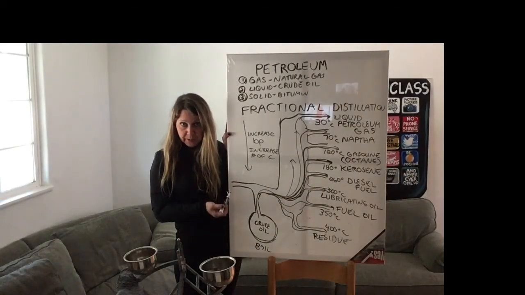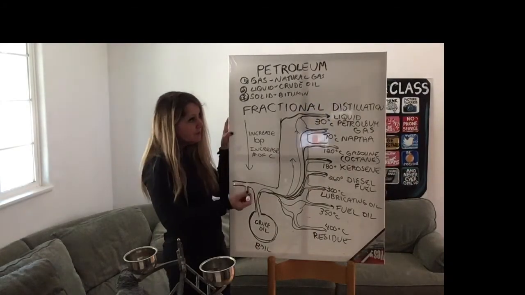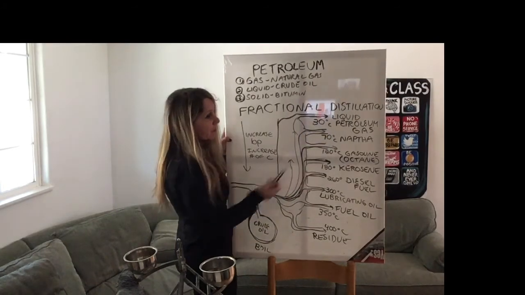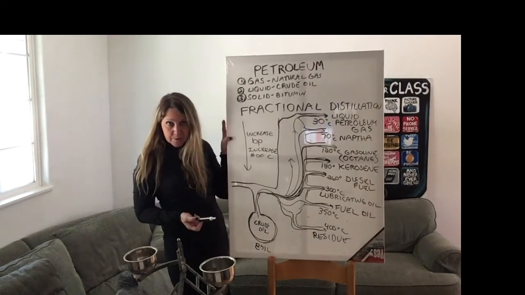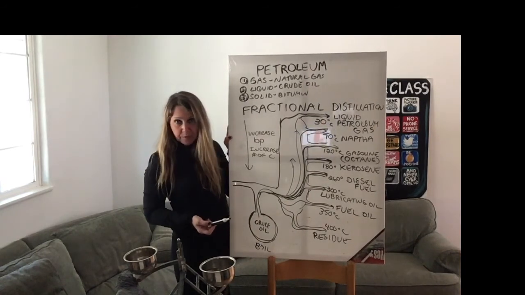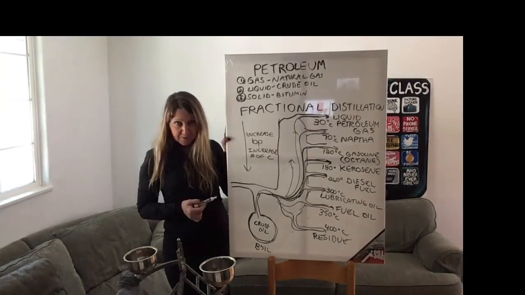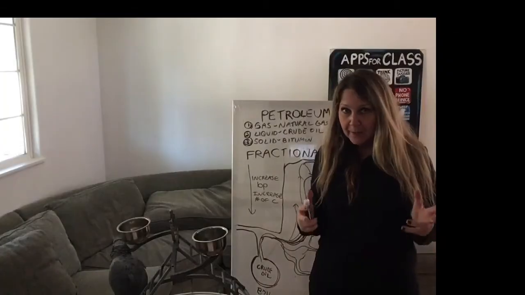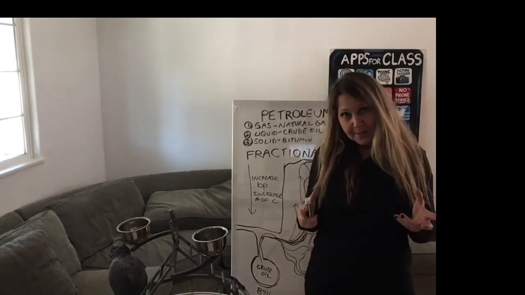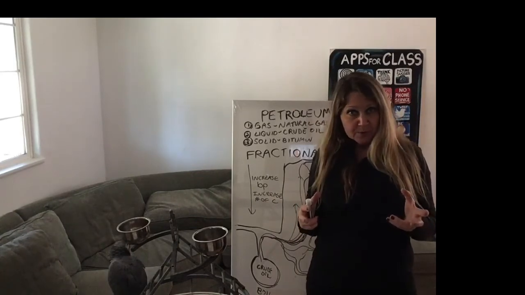Because they have different boiling points, so that separates these. So now, for example, this octane that was collected, this is now separated, so it can be transported to a gas station. So this is called fractional distillation. That's how to separate petroleum into its different parts.